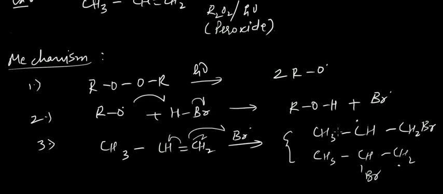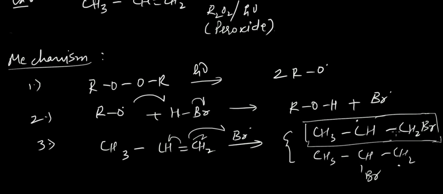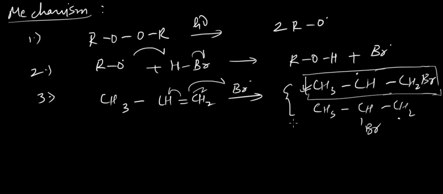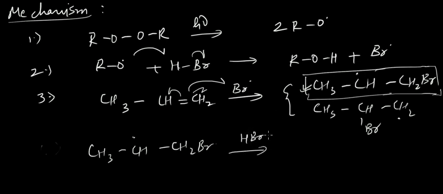But as you know, this would be the more stable free radical because of more number of alpha hydrogens, hence this would be the more stable product. So this free radical actually attacks on the reagent, the HBr which we are taking.